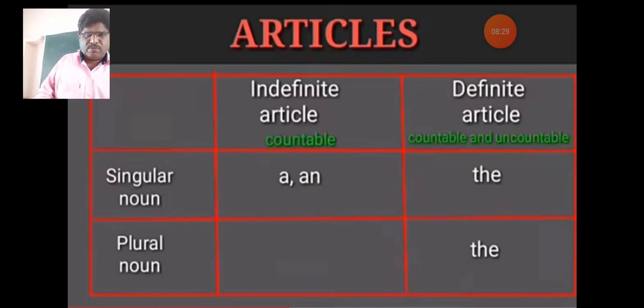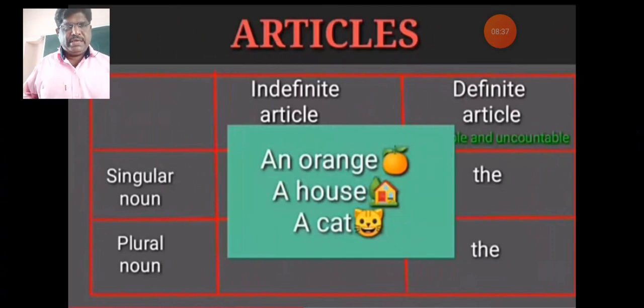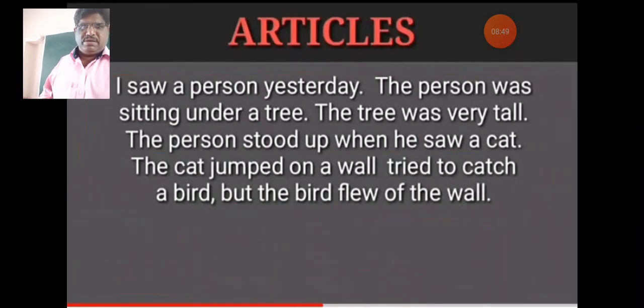In plural form also, with uncountable nouns we use the definite article the. Example: an orange, a house, a cat. All these are countable nouns.